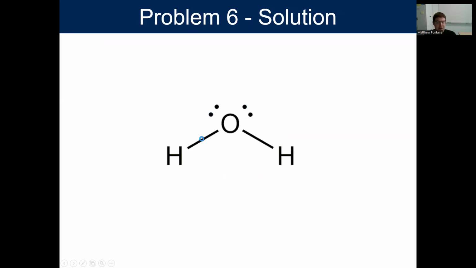Each line counts as 2 electrons for the atom, and each dot counts as 1 electron for the atom. We'll talk about geometry later, but we know that water has a bent molecular geometry. So conventionally, people will try to write the Lewis structure in a way that best communicates what the true geometry of the molecule is. We'll save that discussion for later in the chapter.